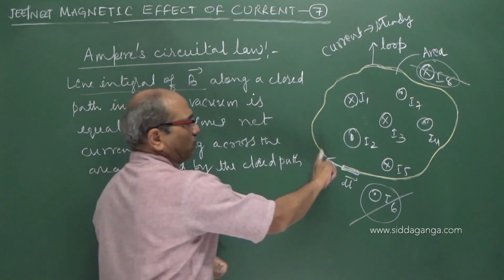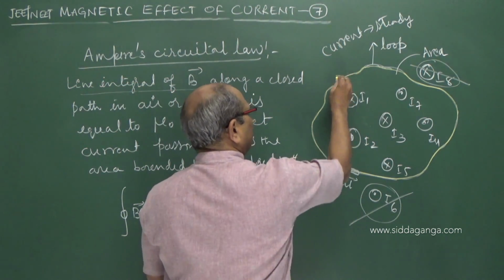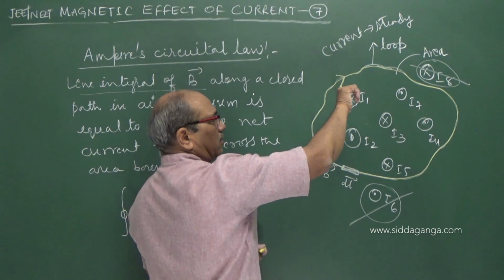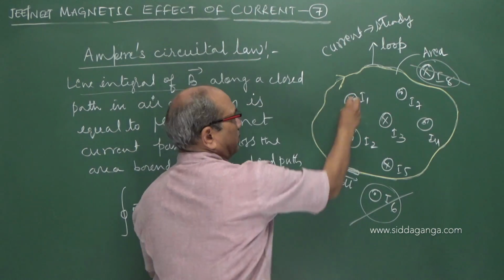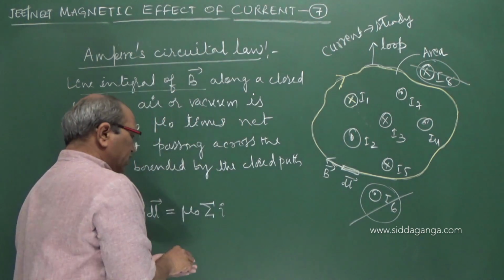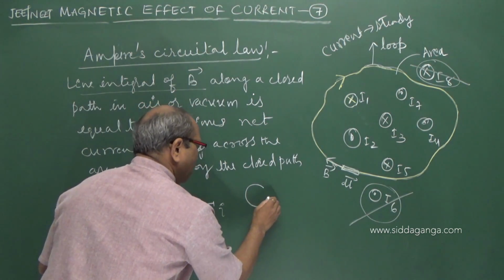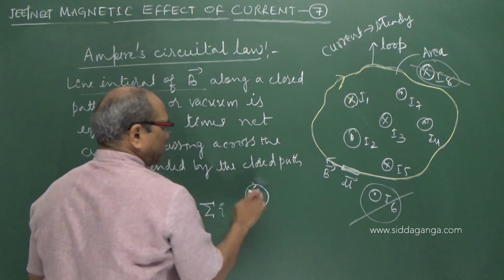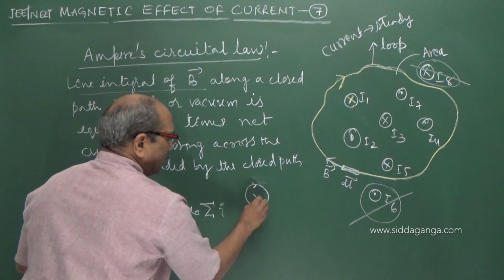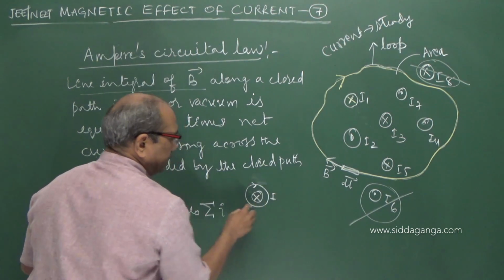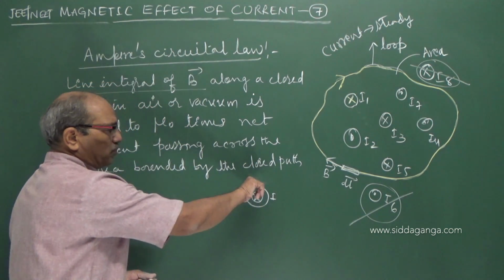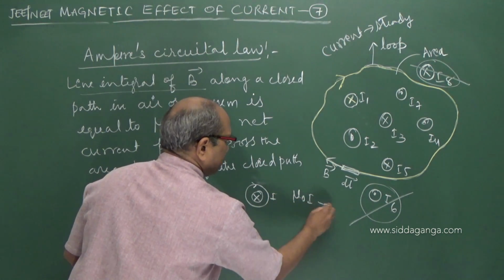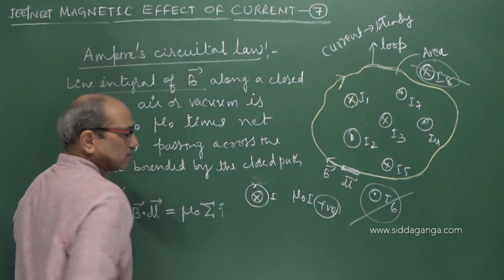For example, now the loop is moving like this. If I turn in the direction which I am showing here, cross mark, or otherwise if the loop is running in the clockwise form, the current direction is inside. Now you see the loop. Then I take I, mu naught I is positive for this.